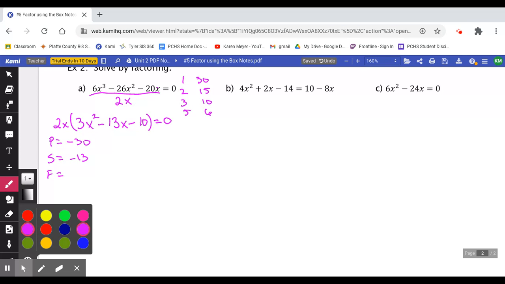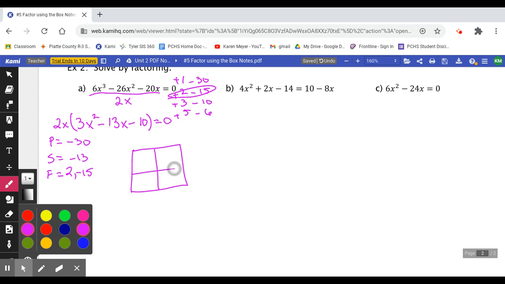So remember, I need 1 negative and 1 positive. So I'm going to start with the first number positive, the second number negative, and then hopefully everybody says, oh yeah, positive 2 and negative 15.